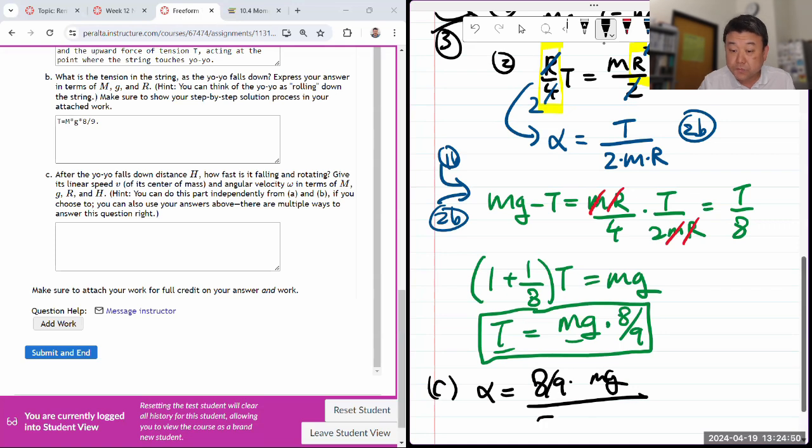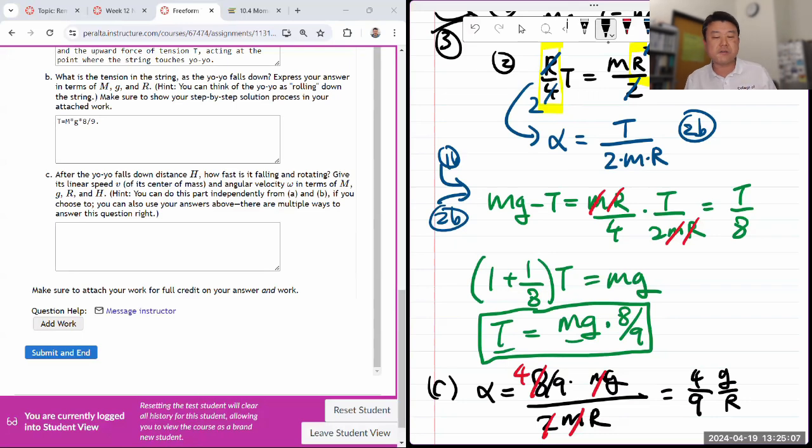So okay, alpha is equal to, let me just write this out, 8 over 9 times mg divided by 2mr. Some things cancel, masses cancel, the 2 cancels a factor of 2 there for 4/9. So that's equal to 4 over 9 g over r, and I think the units are right.